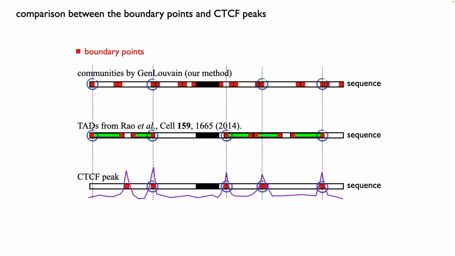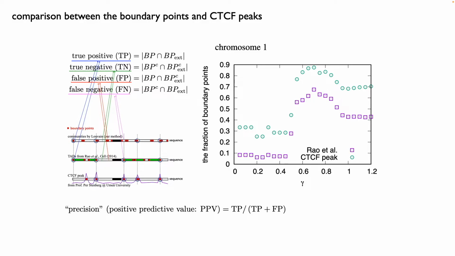So we compare the CTCF enrichment near the community boundaries from our method with the TADs from the Cell paper I mentioned. And if there are significant overlaps, it means that our method can detect the chromatin domain boundaries just like the TADs in the Cell paper. And of course, in contrast to the single resolution TADs, our method can detect the communities across various scales.